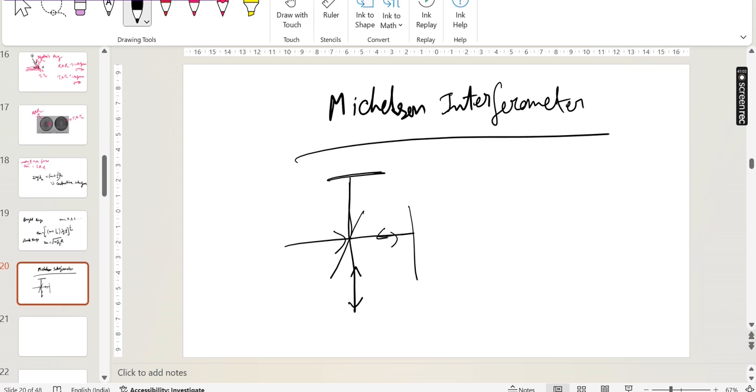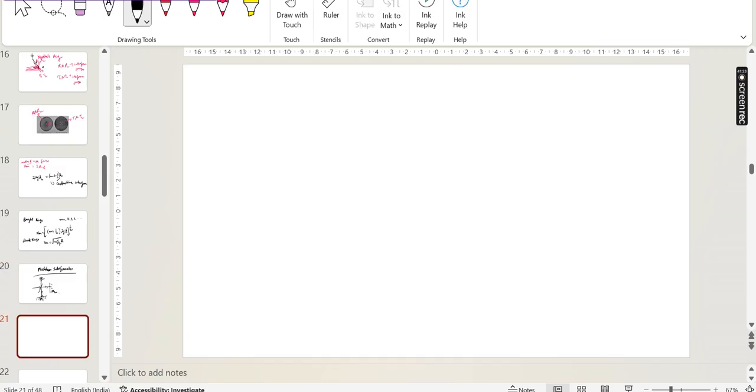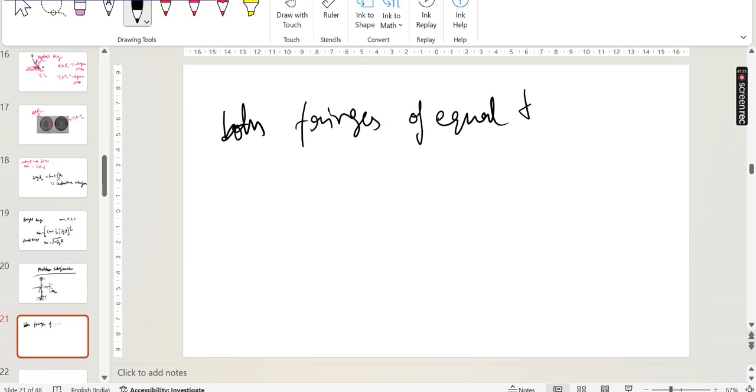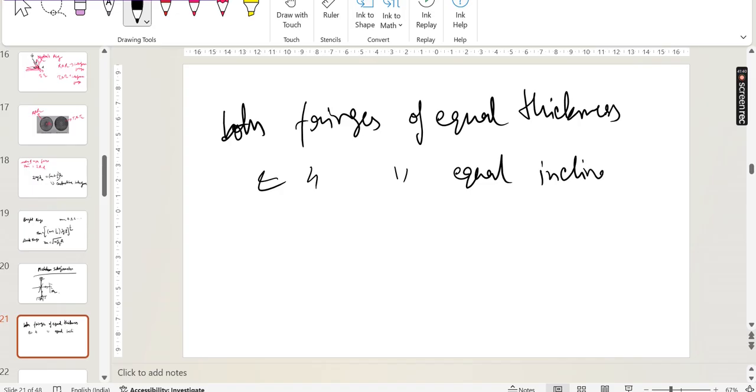Depending on the setup, we get both fringes of equal thickness and fringes of equal inclination.